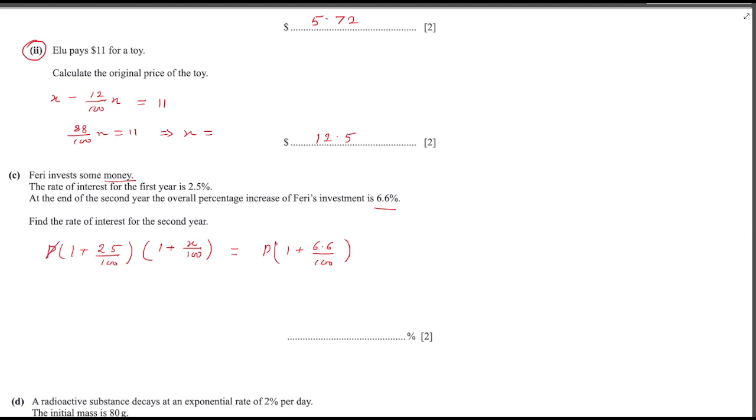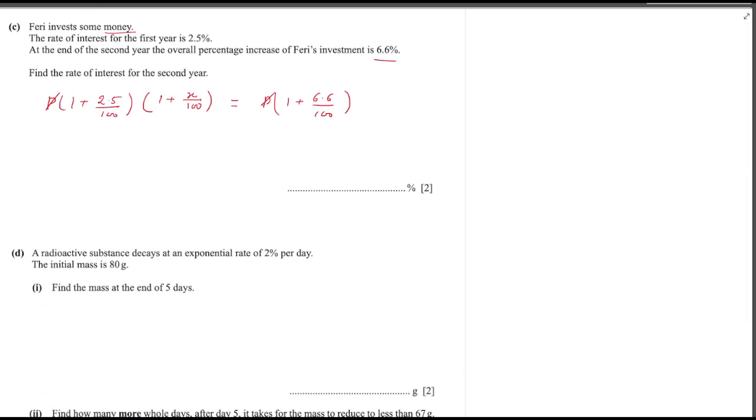Now this P and P I will cancel, and then 1 plus x divided by 100 will be equal to 1 plus 6.6 divided by 100, and this whole thing will be divided by 1 plus 2.5 divided by 100.